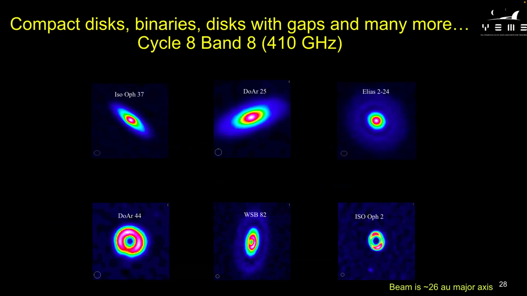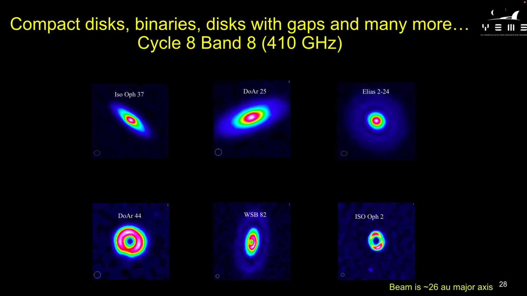In the subsample, we are seeing known disks like Elias 2-24, where there is a gap. There is a possibility that this gap is not symmetric, probably because of either planets or some flybys, and there is a possibility of some spiral arms.